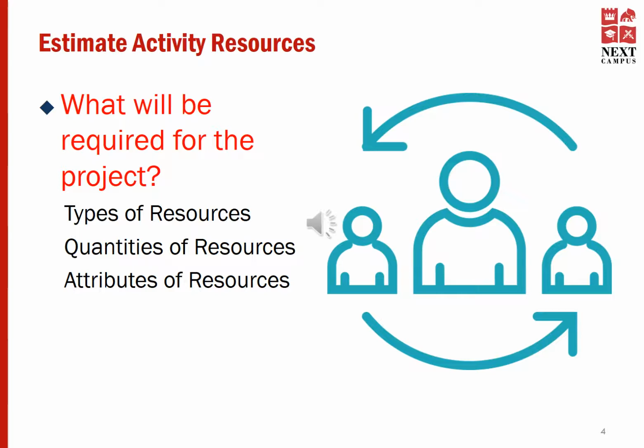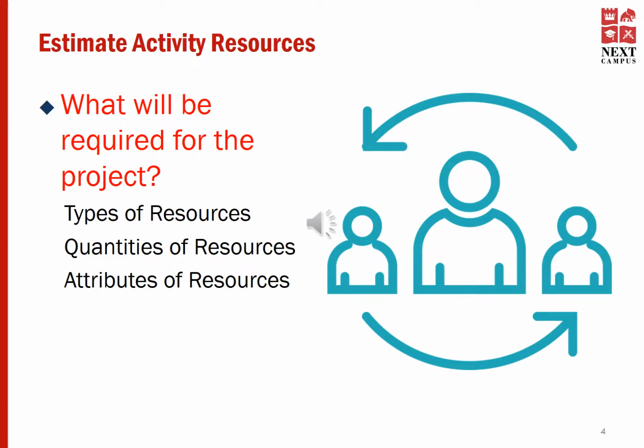What we are trying to figure out here is what will be required for the project in terms of resources. This question has multiple components. What type of resources will be required? This could be raw materials, equipment, and other resources you use to complete the project.